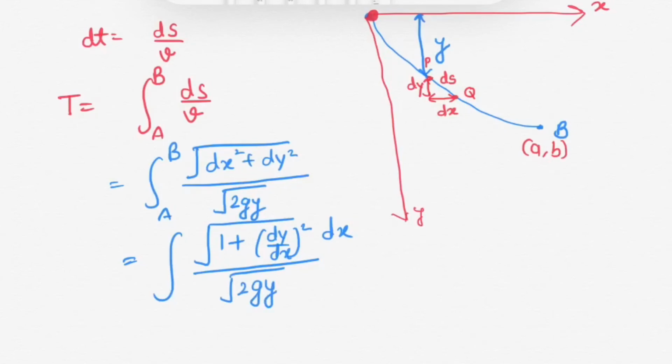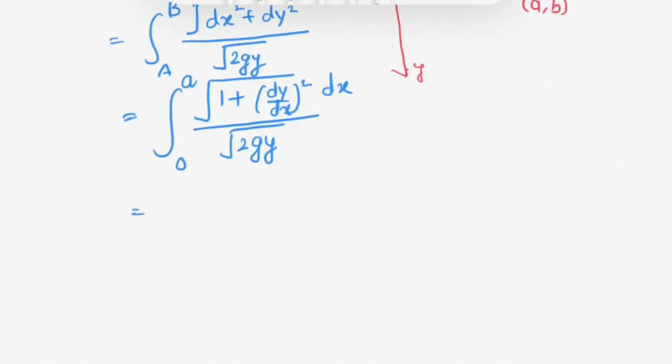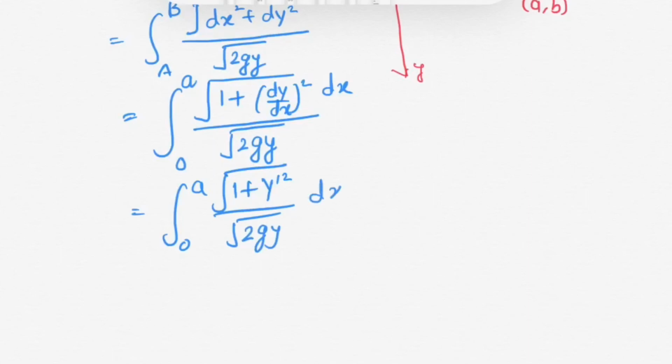As you can see, the integration is with respect to x, so the lower limit for x will be 0 and the higher limit for x will be a, because the particle is sliding along the x axis from 0 to a. So we have the integration from 0 to a of the square root of 1 plus y prime square, over the square root of 2gy, dx, and this is the time T of y.